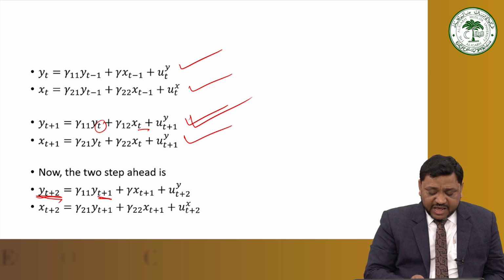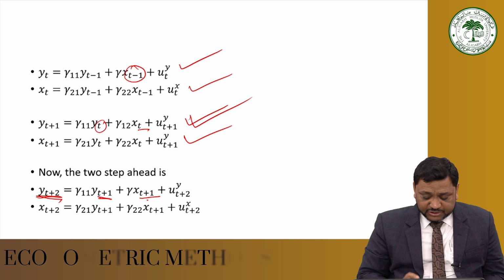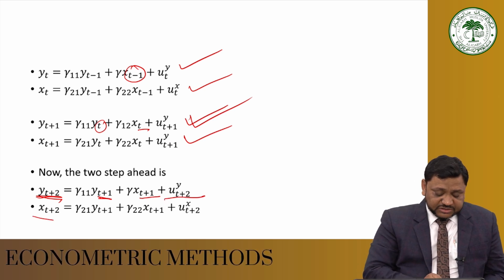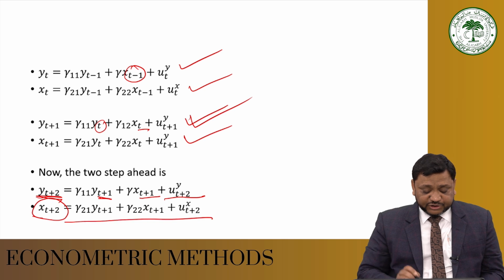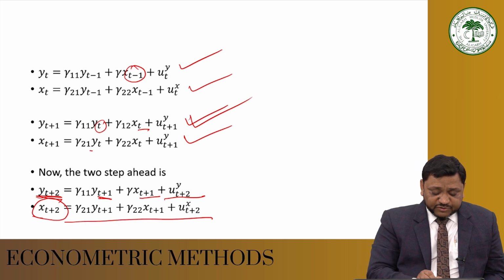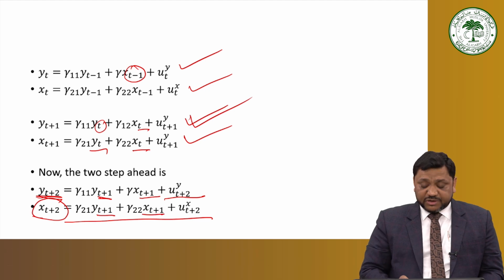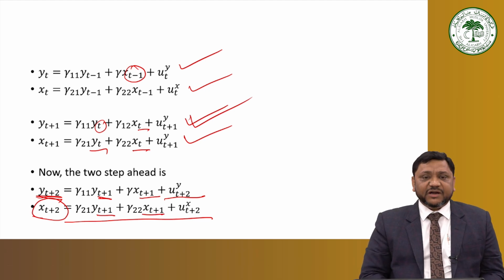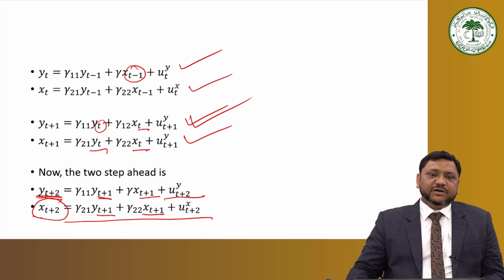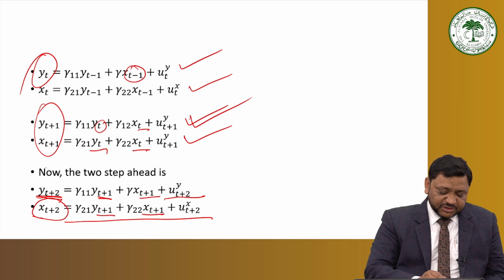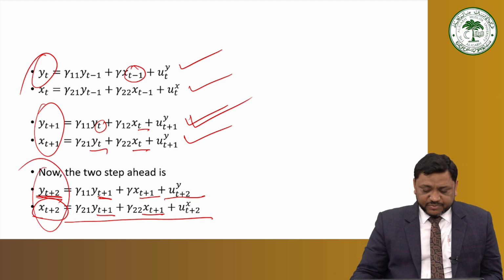Similarly, error of y at t plus 2. Similarly, for xt plus 2 we get this function. So this was yt and then we increased to yt plus 1. This was xt, we increased to xt plus 1. And then we have the error of x at time period t plus 2. So we are just showing that this is yt and xt, this is yt plus 1 and xt plus 1, this is yt plus 2 and xt plus 2.